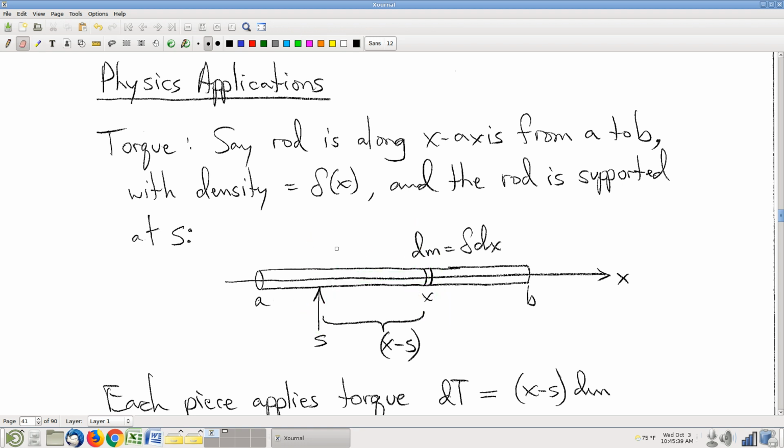Okay, so in this case, now we're considering a rod, and that rod is being supported at a single point, and I want to compute the total torque. Now, a weird situation, right? Because, well, this little piece of mass is pulling down, but it's that far from the center. This little piece of mass over here may be pushing down the exact same amount, but it's further from the point of support, and so it's applying more torque.